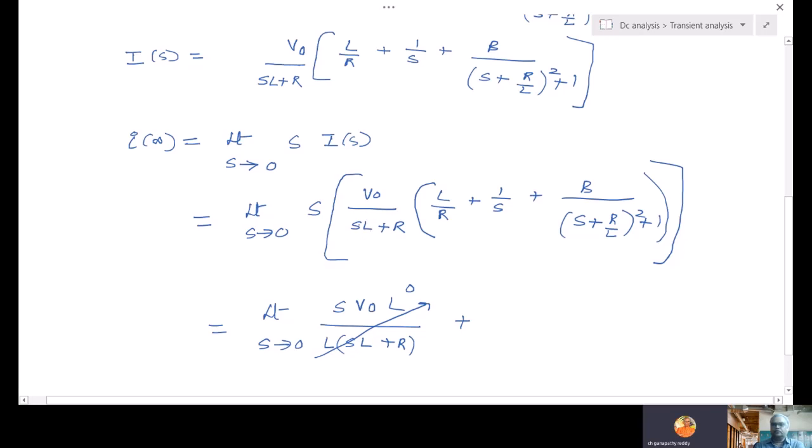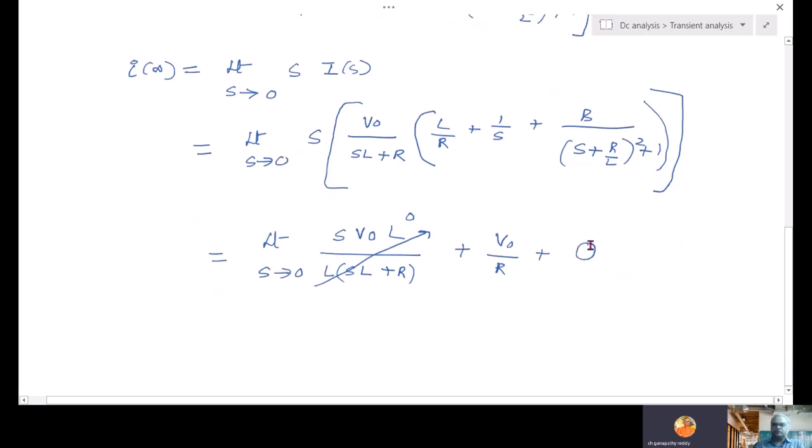What you get is V naught by R. Then this term, everything multiplied with this is again multiplied with s, so that is also 0. Just observe carefully.